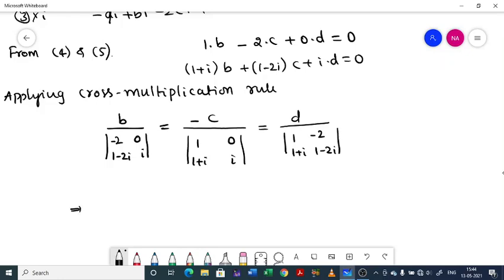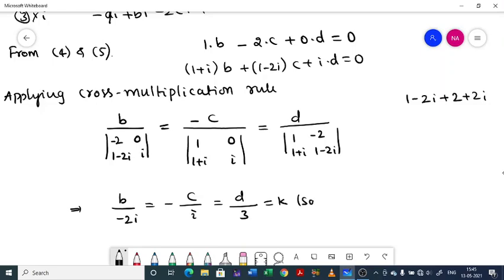So it will be B by minus 2I, equal to minus C divided by I, equal to D divided by 1 minus 2I minus 2 minus 2I, it will be plus 2 plus 2I. So 2I will cancel, 3 you get, equal to k, say. Then we get B equal to minus 2kI, C equal to minus Ik, D equal to 3k.